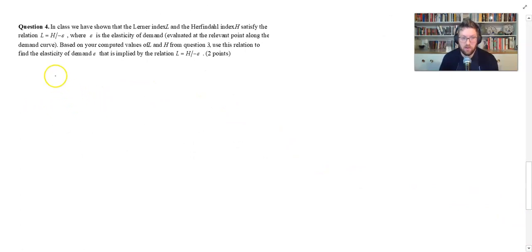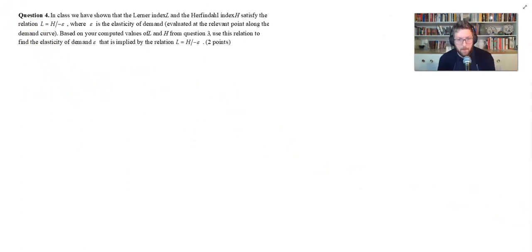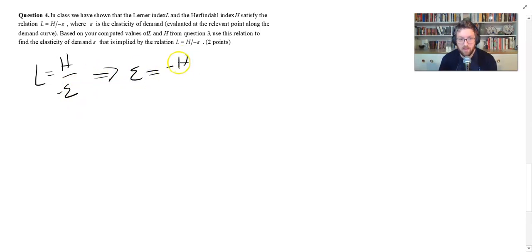All right, so now to check that these numbers are correct, we've got to find the elasticity and see if our Lerner index satisfies the elasticity rule. Okay, so if our firms are profit maximizing, we should get this equation L is equal to H over negative elasticity. So if that's the case, what does that imply? It should say that the elasticity is equal to negative H over L. Our H is 0.38 repeating.